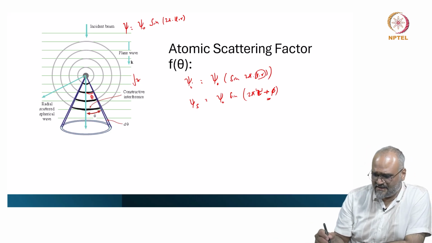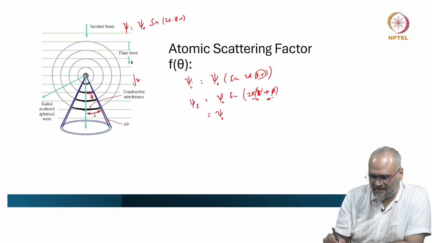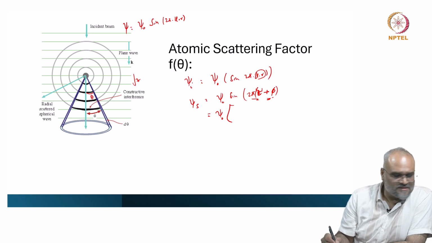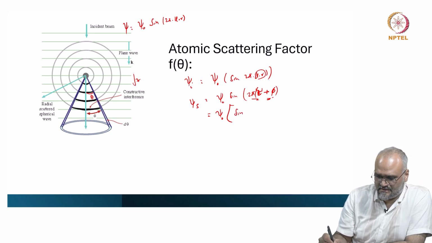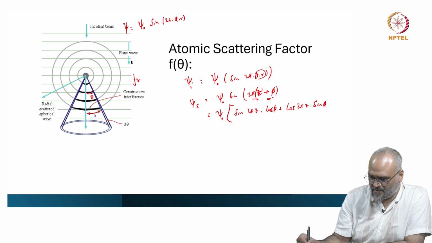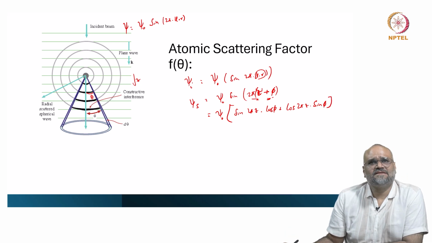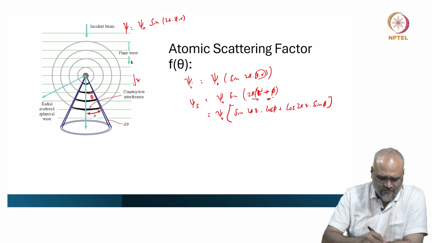And if I do the expansion of sine of a plus b, I can write it as psi naught times cos phi sine 2 pi z plus cos 2 pi z sin phi.